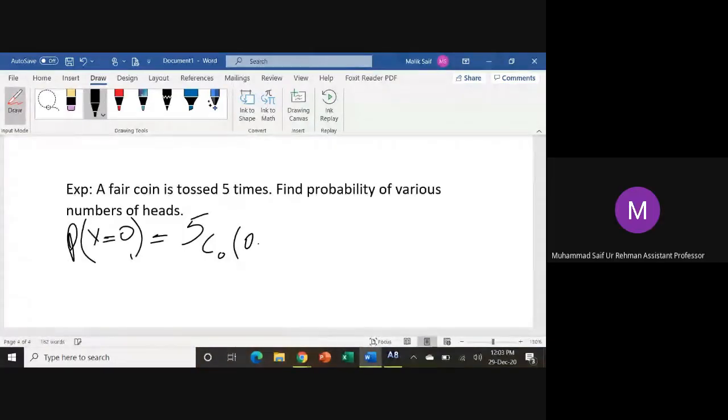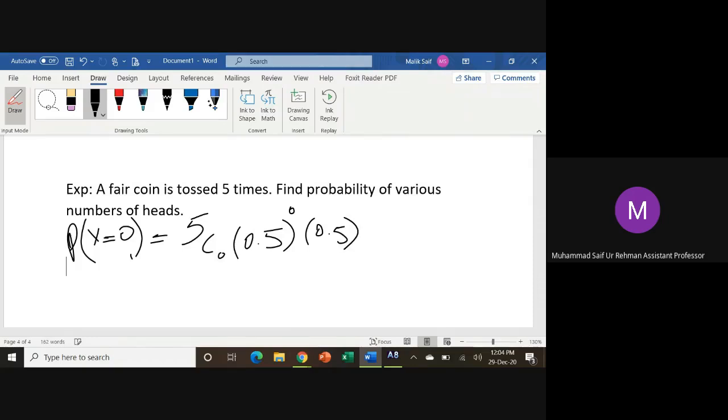What is probability of success in this case? 50%. 50% are the chances that head will be there. So probability of success is 50% in tossing a coin once. So this probability will remain same over several trials. So now you will take 0 power of this. And then for failure, what is the probability of tail? That is again 50%, 0.5.